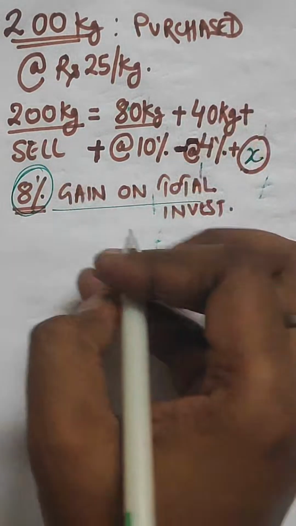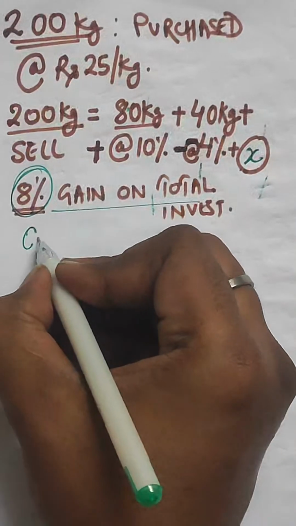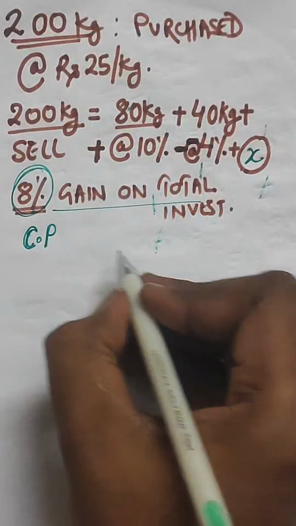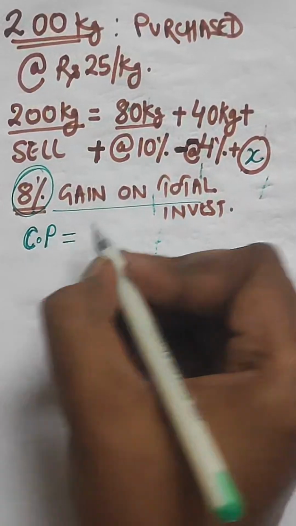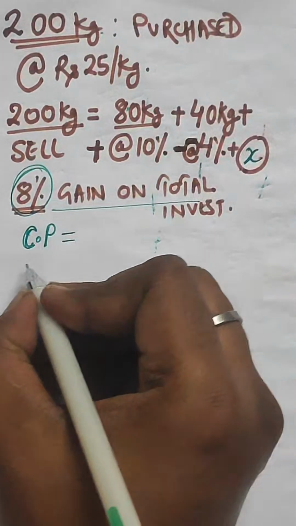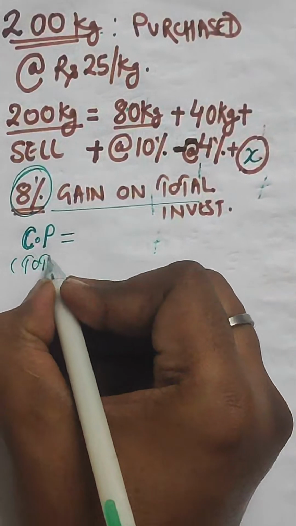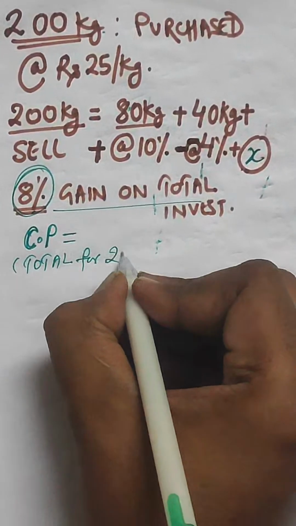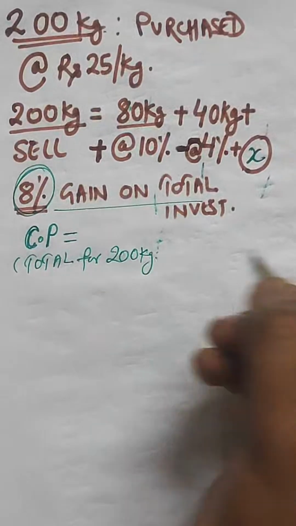Now students, here you can see the total cost price when the grocer purchased this 200 kg of rice from the market. Total for 200 kg will be how much?